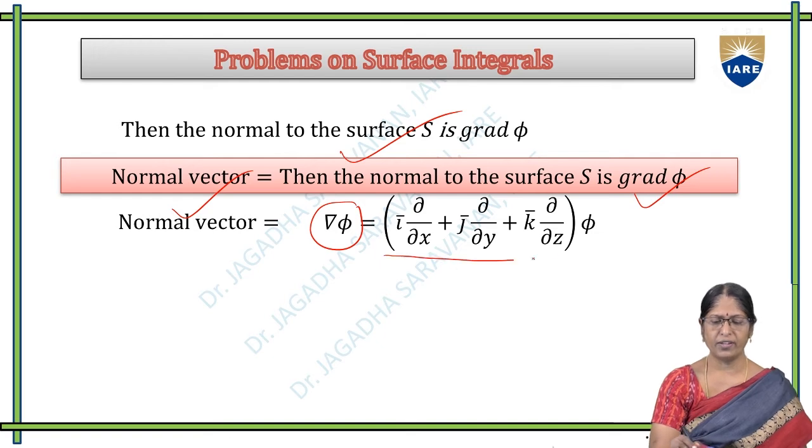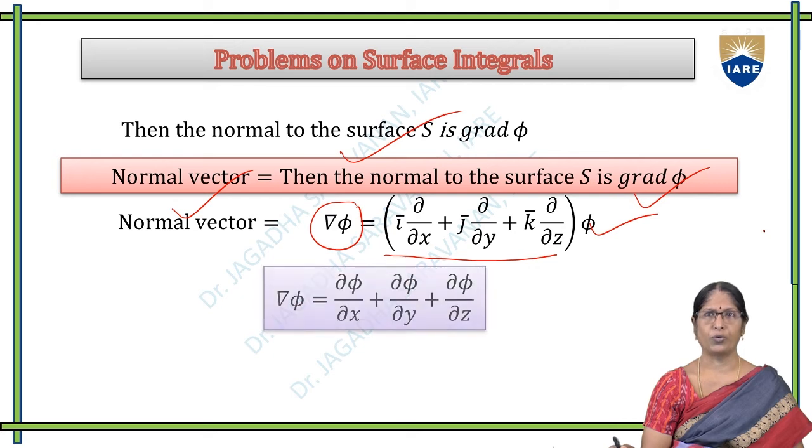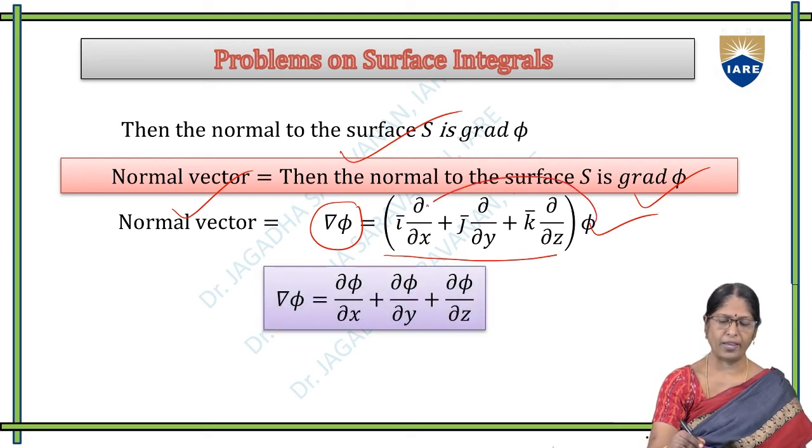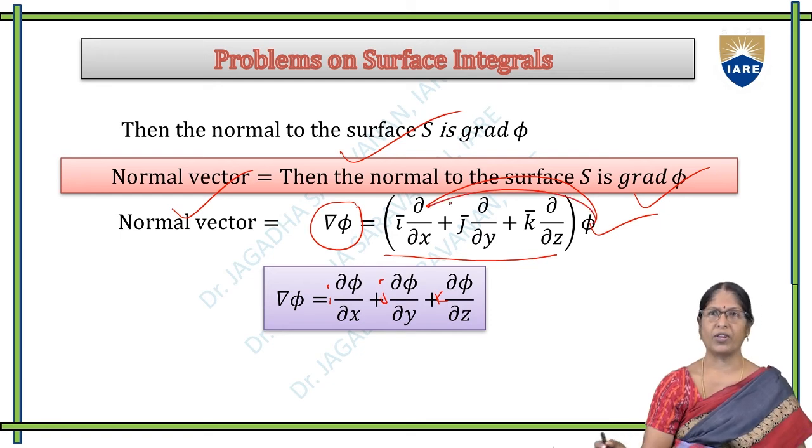The gradient is nothing but i ∂/∂x plus j ∂/∂y plus k ∂/∂z applied on φ.